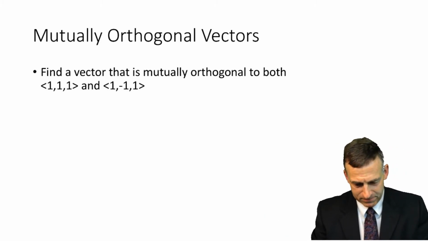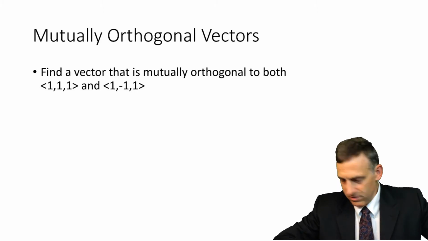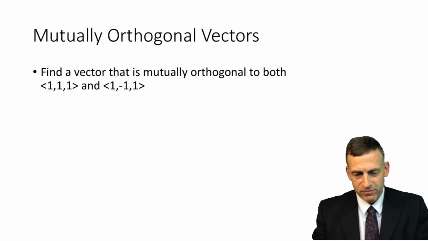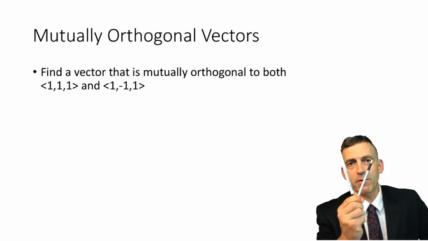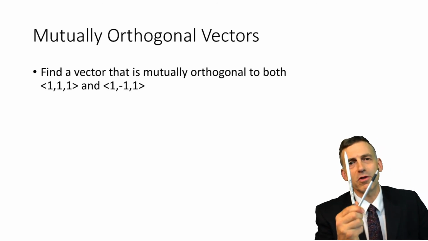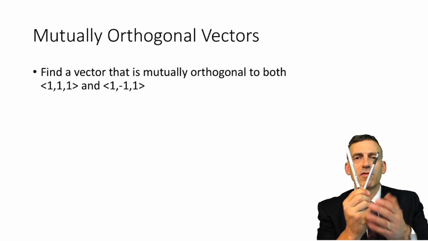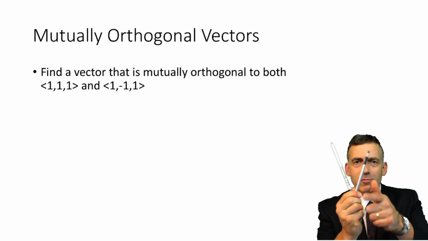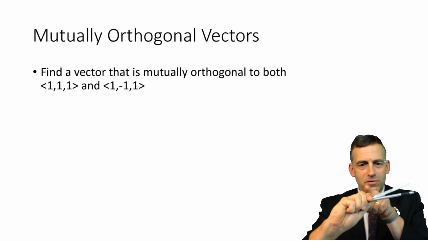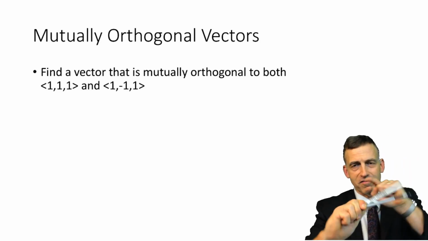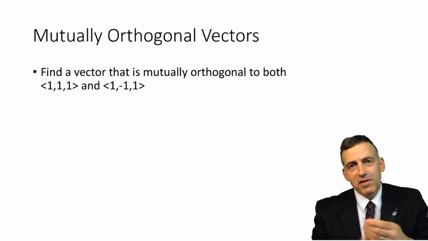Here I have two vectors, and if I want a vector that is perpendicular to both of these, that's what mutually orthogonal means, it would be one pointing directly at you, because that would be perpendicular to this vector here and this vector. So that's what we're talking about.